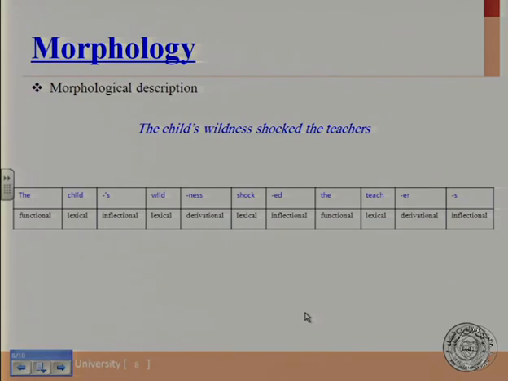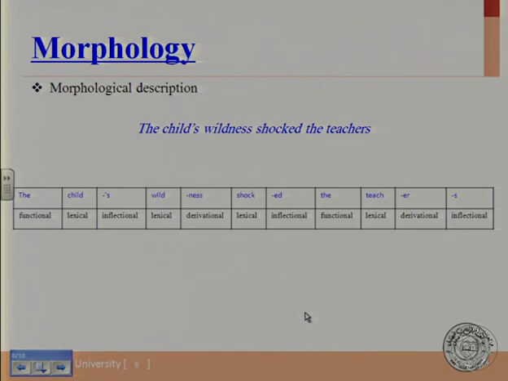Ness is derivational, it is a suffix added to the word lexical. Shock is a verb, it is a lexical morpheme, it is a stem also because ed is added. The ed form is an inflectional morpheme, and we have again another article that is the, that is again a functional morpheme.